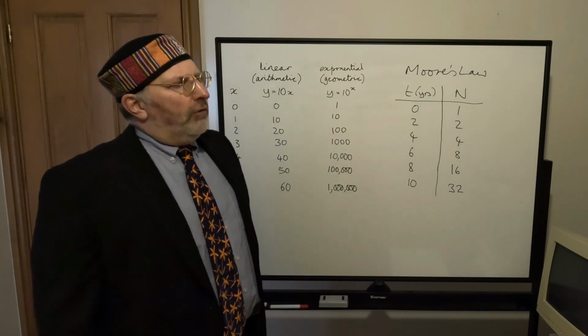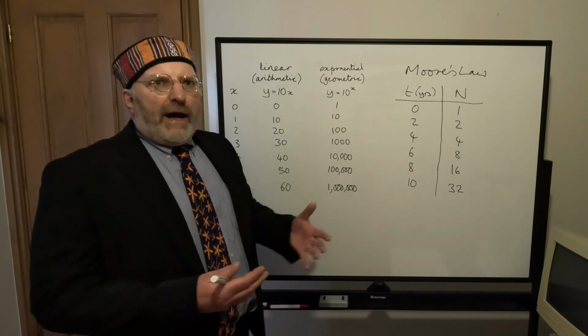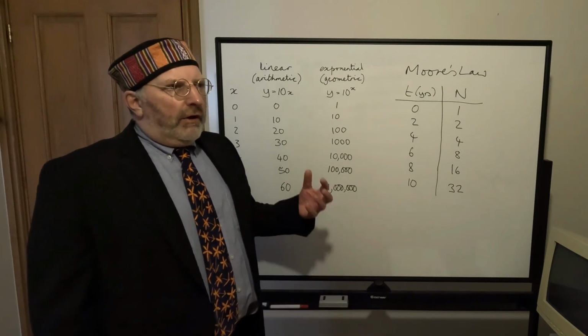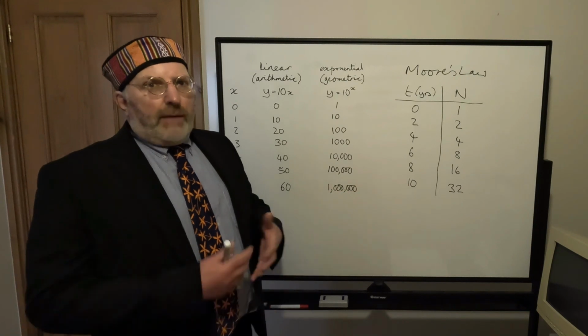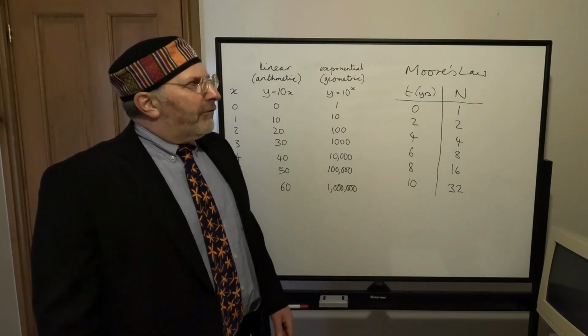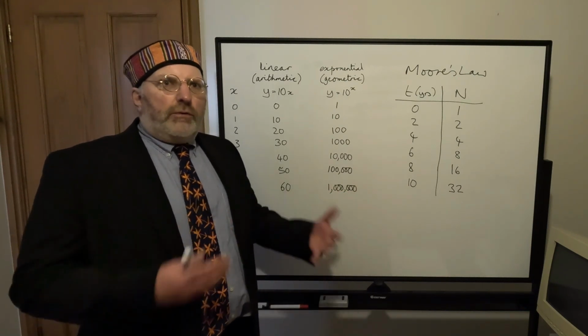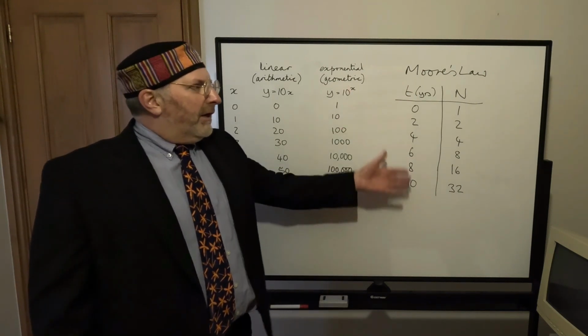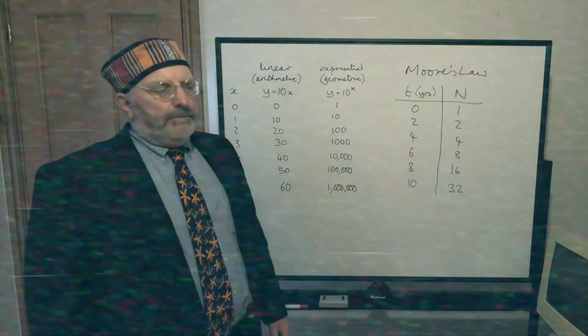And I should say that Moore's law is now breaking down, or has broken down, as semiconductor technology comes up against physical limits. But computing is moving towards other technologies like quantum computing, so it's not necessarily relevant anymore.